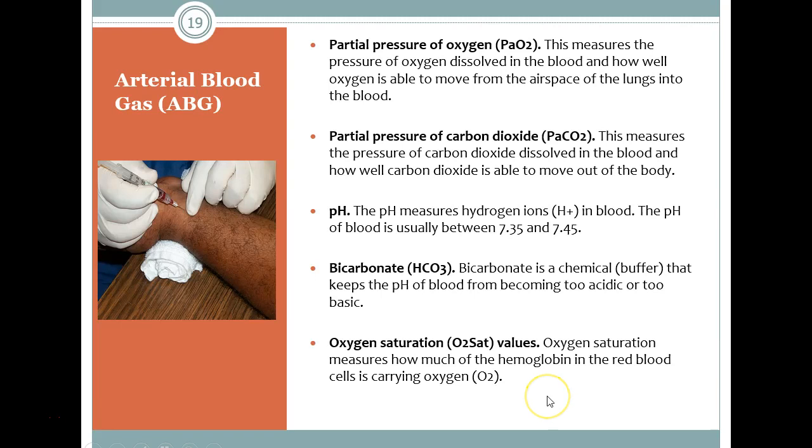Next, we're going to look at the arterial blood gas values, or the ABGs. First, the partial pressure of oxygen, PaO2. It measures the amount of oxygen dissolved in the blood, as well as how well oxygen is able to move from the airspace of the lungs into the blood.